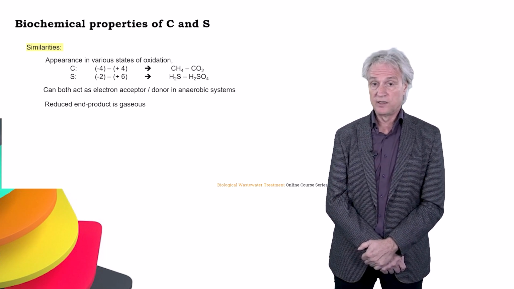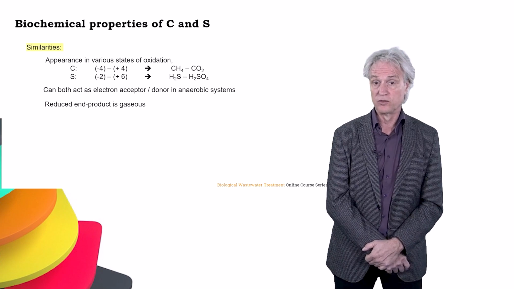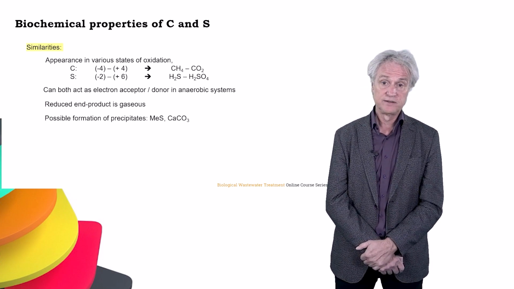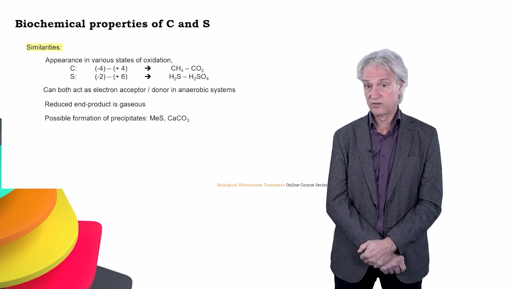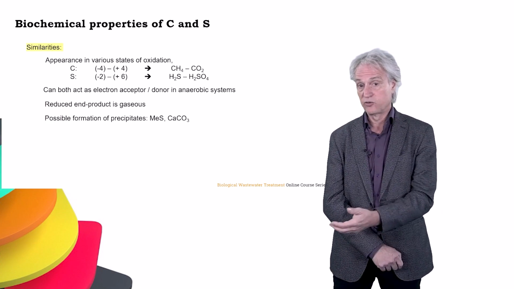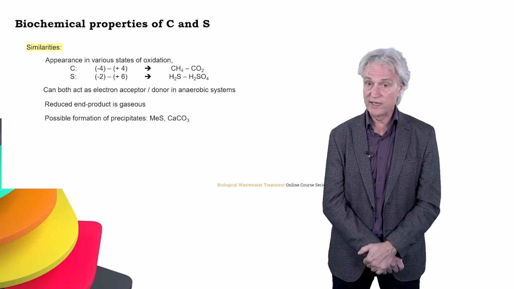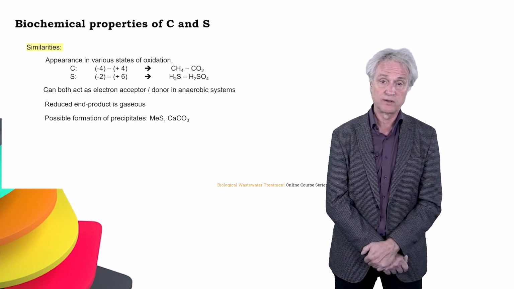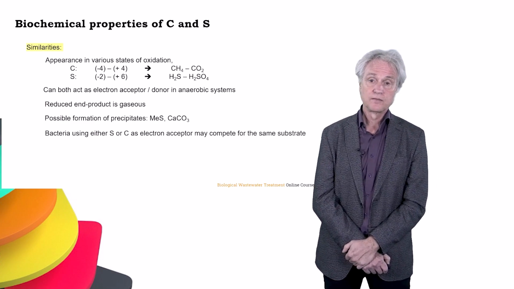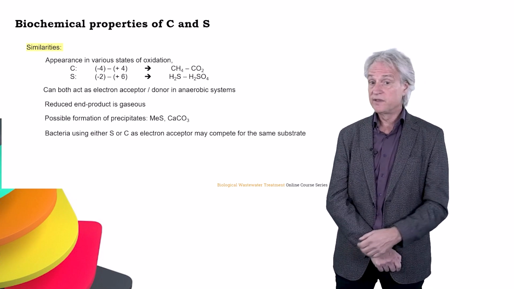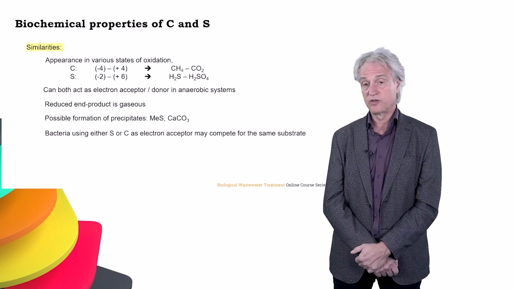The end product of the reduced conversion is gaseous: methane, hydrogen sulfide. And they do form precipitates, metal sulfide, calcium carbonate. So they may lead to accumulation of inorganic matter inside the anaerobic reactor. And there's another thing, that sulfur and carbon may compete for the same substrate.